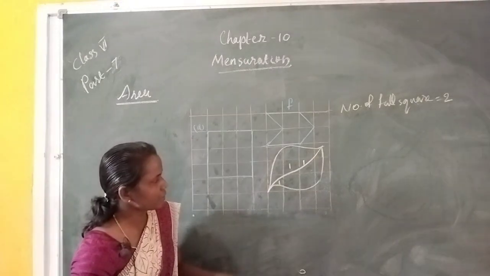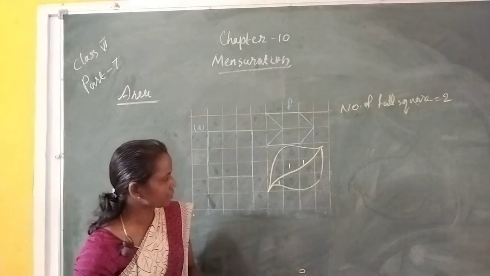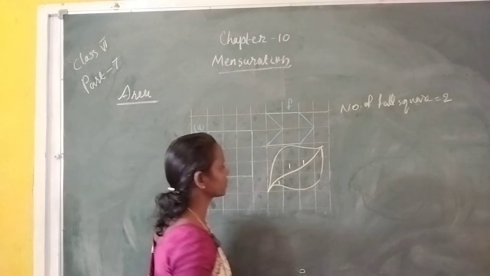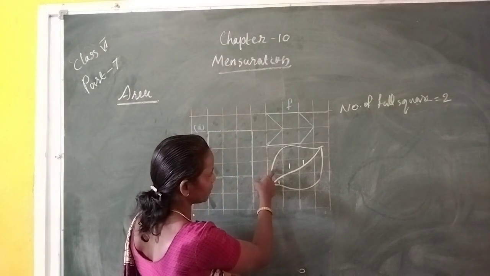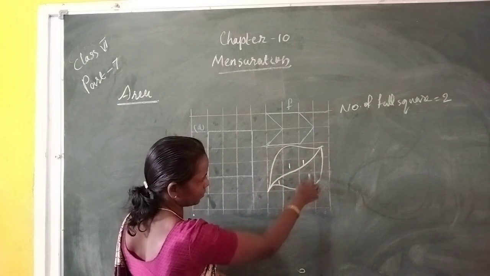Then how many half squares are there? Here you can see half of a square. Look, this is more than half, this is also more than half.